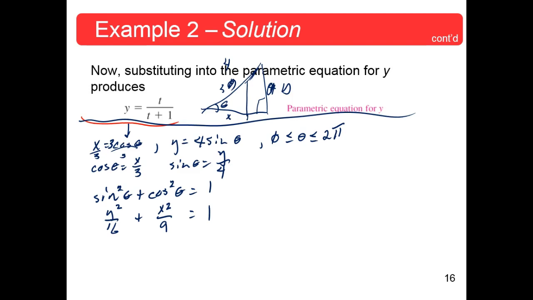And that would be, if I'm not mistaken, one lap around the ellipse.